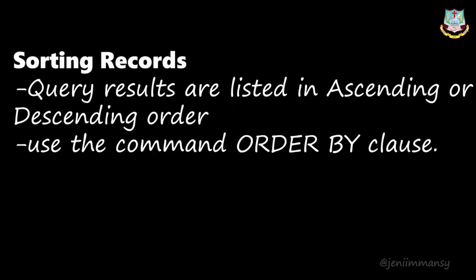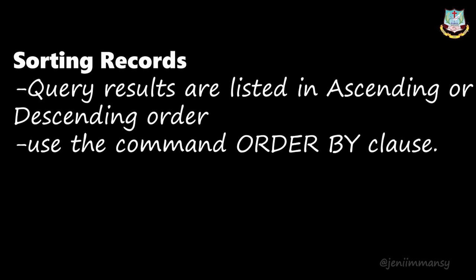Okay, the query results are listed in ascending order or descending order using this command, order by. Using this command order by, we can change the sorted form. In some databases we'll get the results by default in ascending order or in descending order.